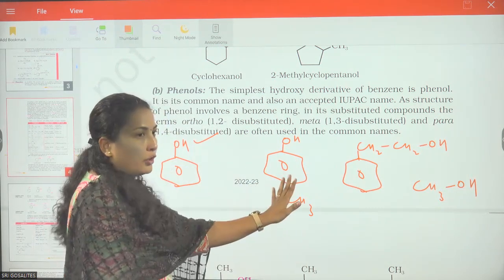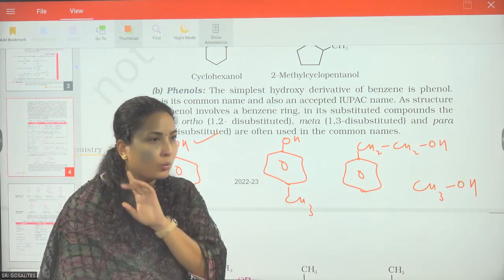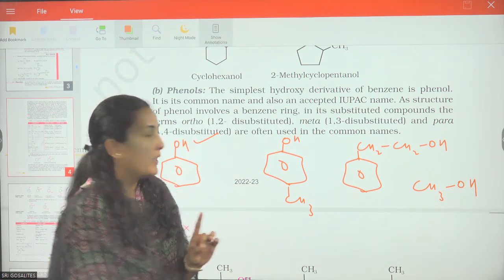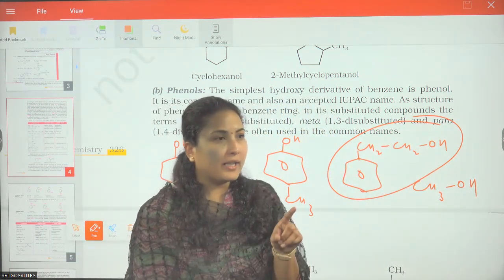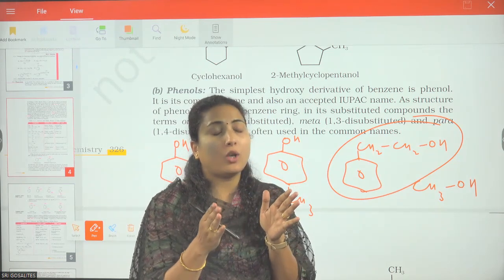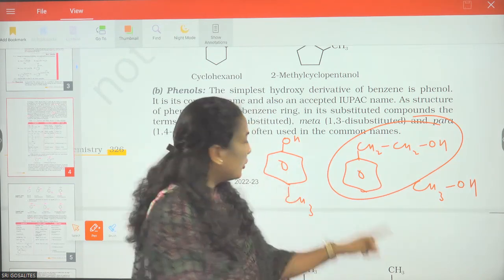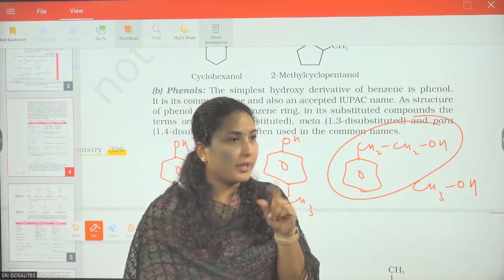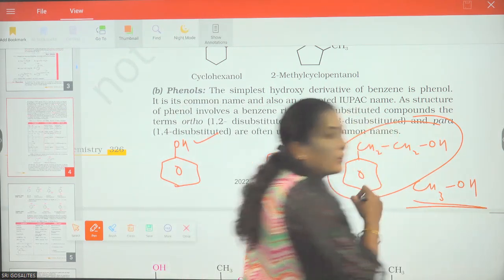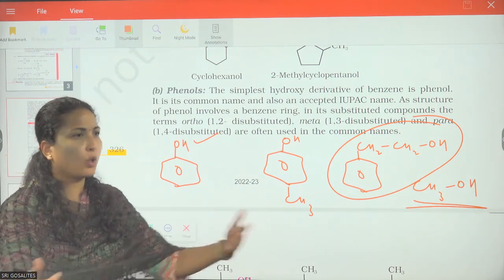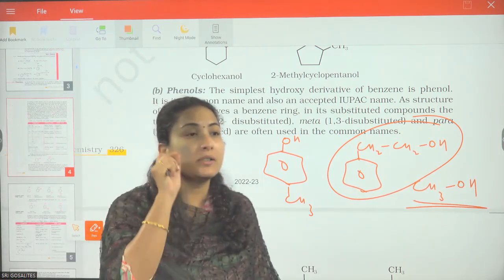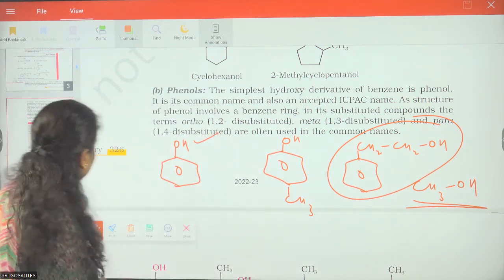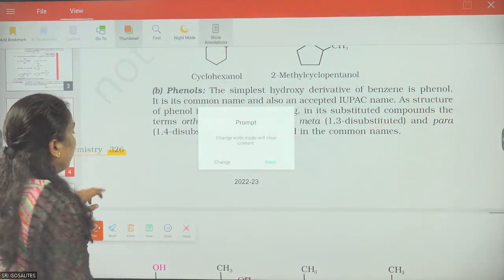Phenol or derivatives of phenol fall into the category of phenol only. This I am calling an aromatic alcohol. Why alcohol? Because you have the OH group. Aromatic because you have a benzene ring here, which is aromatic. And this is aliphatic alcohol, CH3OH, ethanol, propanol, all those things. So make sure you remember this fundamental. Now, let us move further.